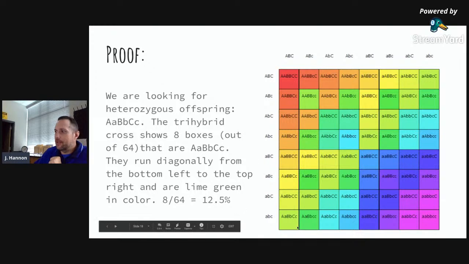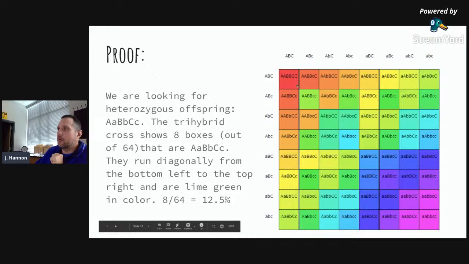If we look right down here in the bottom left box and go diagonally all the way across in this lime green color, those 8 boxes are the boxes that are heterozygous for all 3 of those traits. 8 boxes out of 64. 8 divided by 64 is 12.5%.